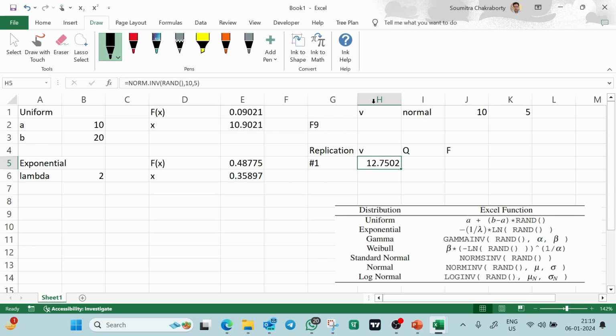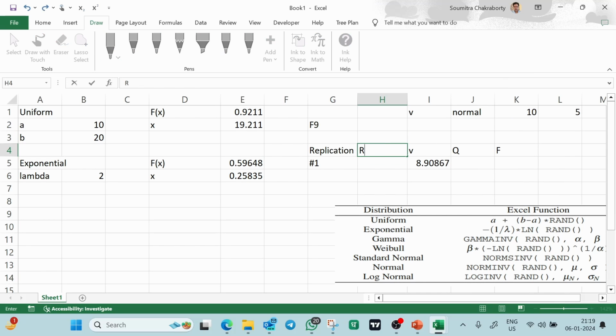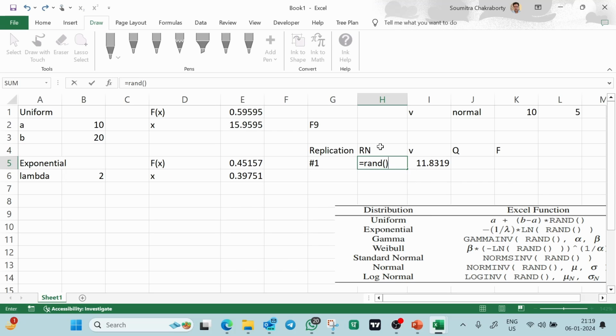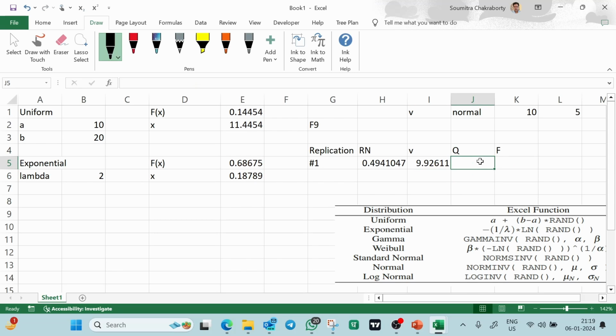So don't make this type of mistake: insert a column here, write a random number and do RAND here, then reference this cell here, and then here also and here also. That means this one random number is now applicable for 3. That is not the correct approach of doing the simulation.